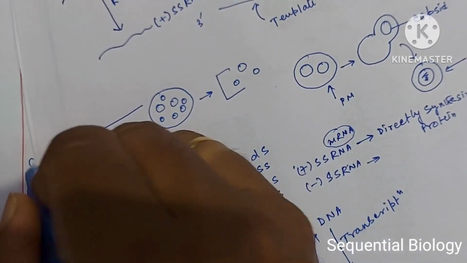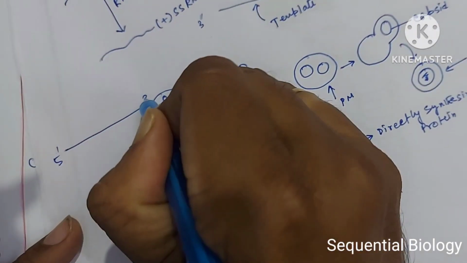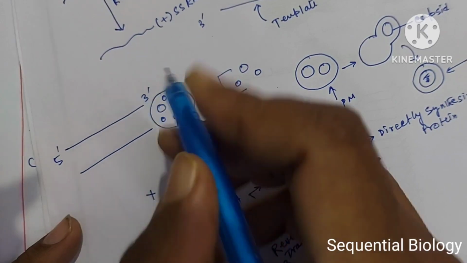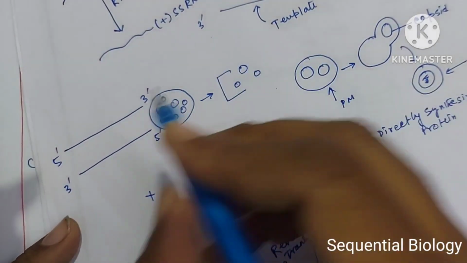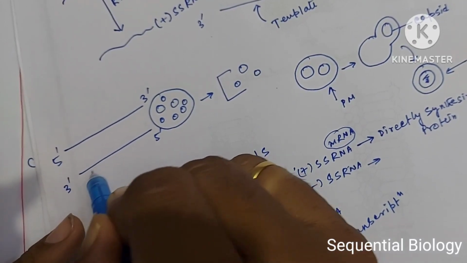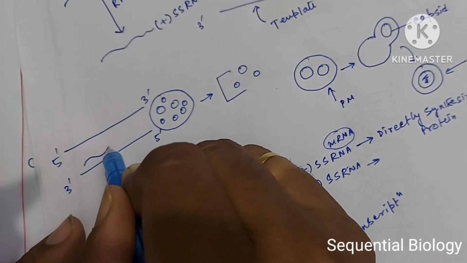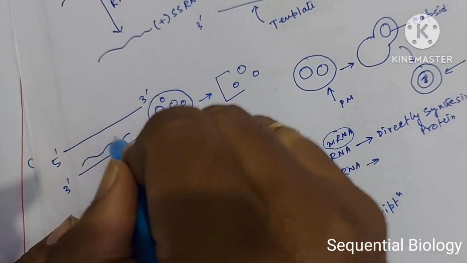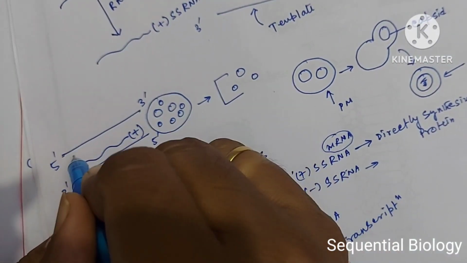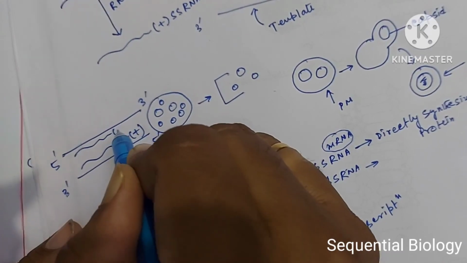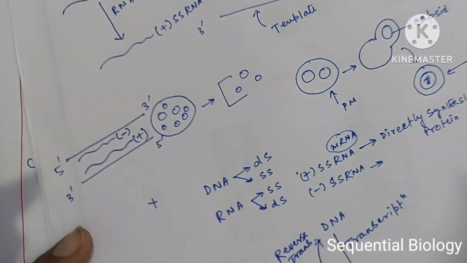Suppose this is a chimeric DNA with a 5' to 3' strand and a 3' to 5' strand. When the 3' to 5' strand is transcribed, it forms plus RNA, and when the 5' to 3' strand is transcribed, it forms minus RNA.